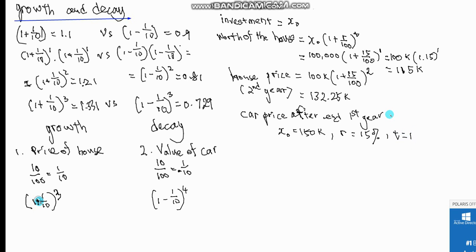Okay, now so what you're going to do is the X0 you're going to put as 150K, then 1, with the understanding this is depreciation, so 15%, so it's minus 15 over 100, to the power of 1. This is at the end of the first year. Okay, so this one you work out is 150K times 0.85.